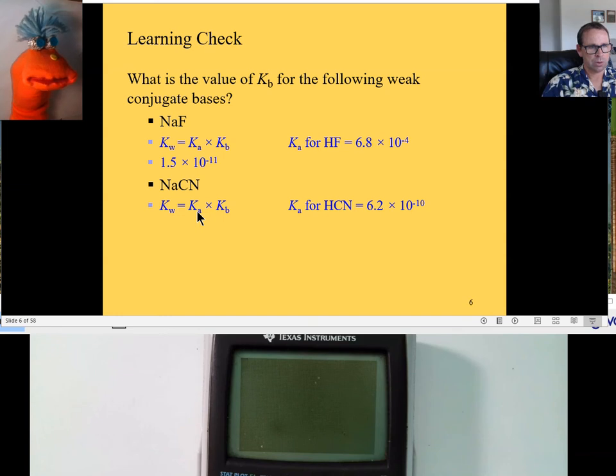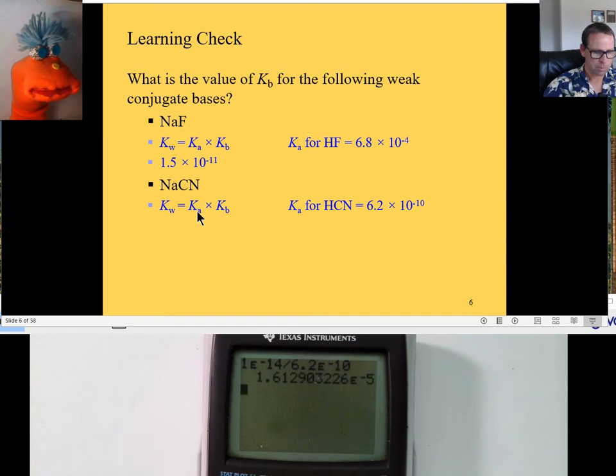So it's 1 times 10 to the minus 14 divided by 6.2 times 10 to the minus 10. Forgot to put the divided by sign. 1.6 times 10 to the minus 5. Okay.